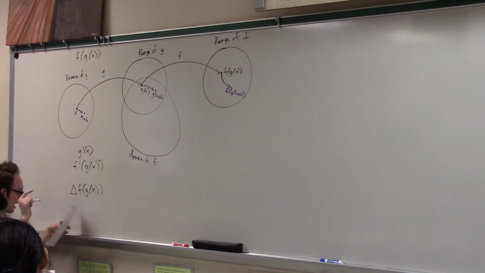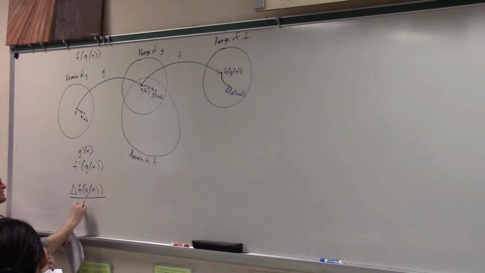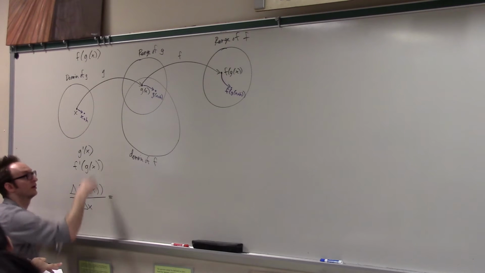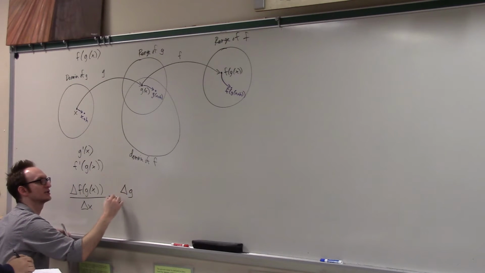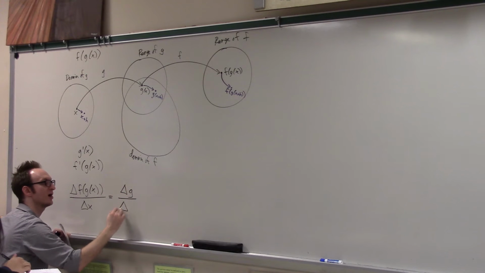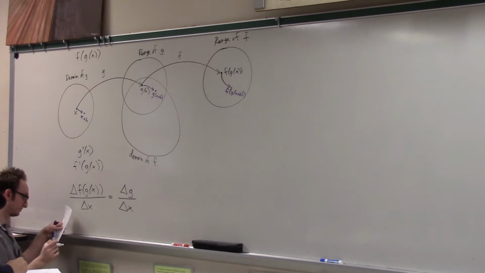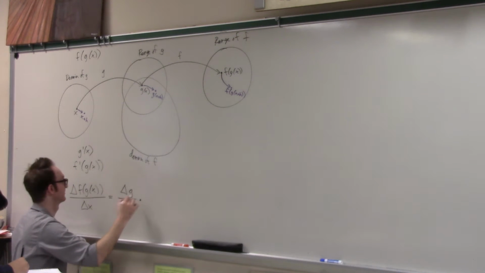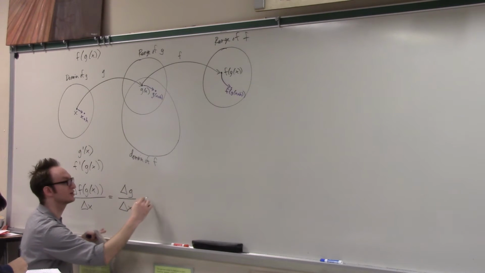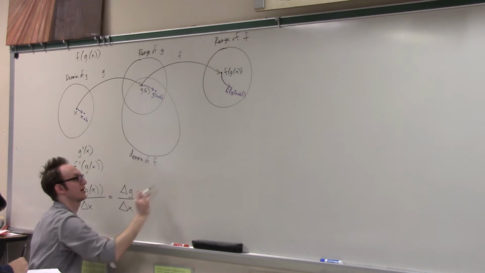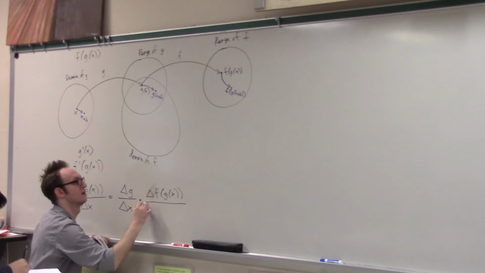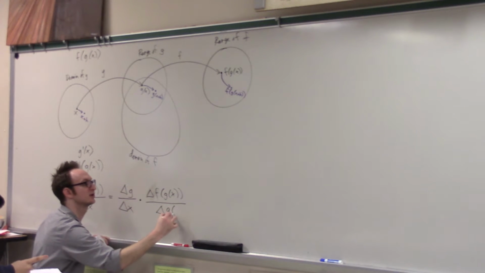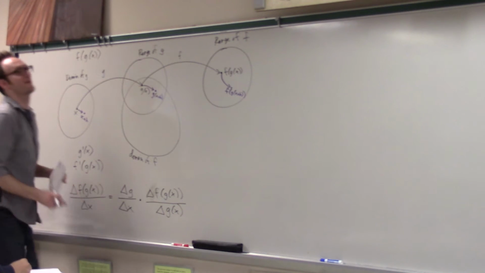The change in f of g of x with respect to x is just, according to this new way of thinking about it, how much g changes for a small change in x times how much f of g of x changes with respect to a small change in g of x.